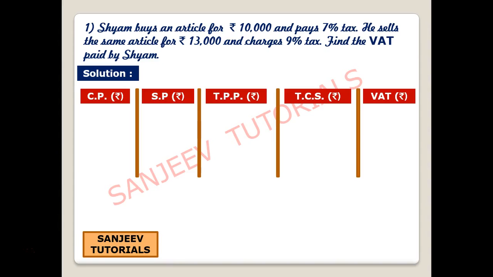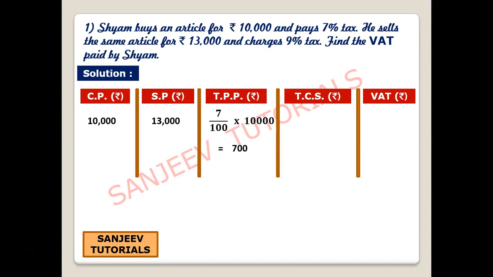For this particular sum, cost price is rupees 10,000 and tax paid on purchase was 7% of 10,000, that gives me rupees 700. Selling price was 13,000 rupees.